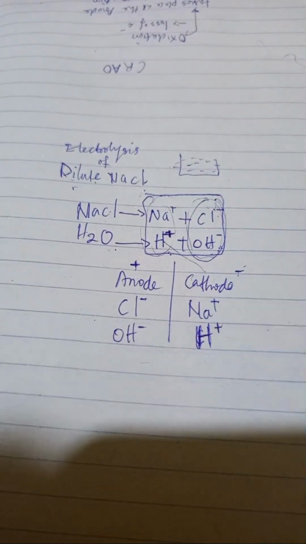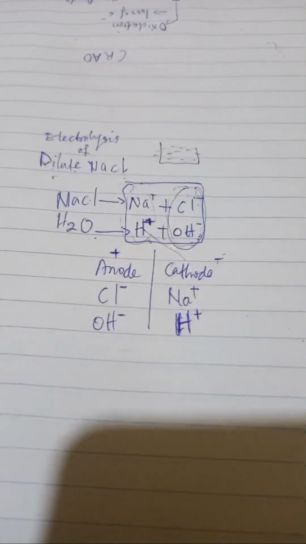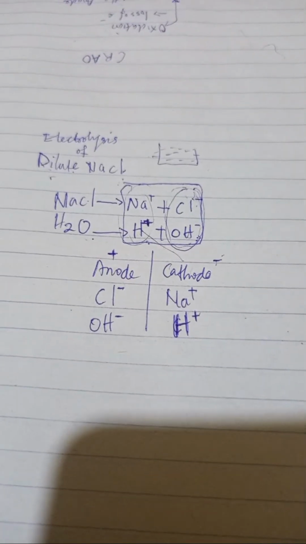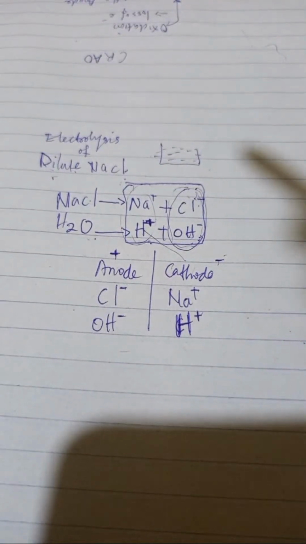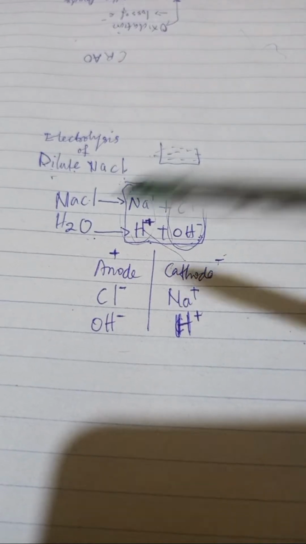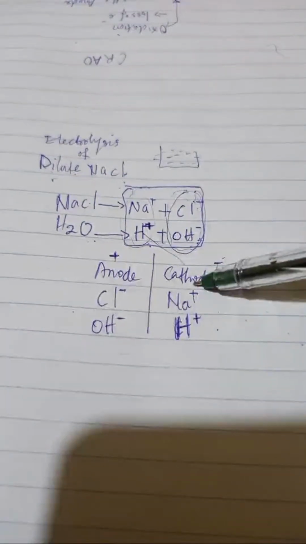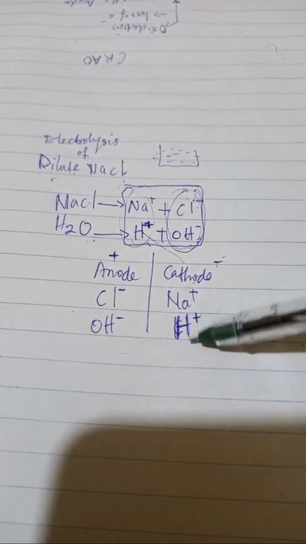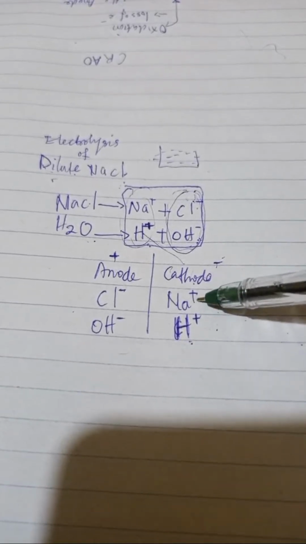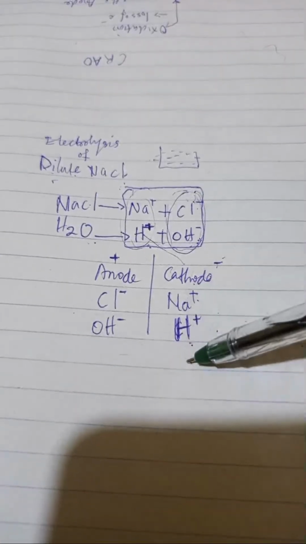Now, which one will be discharged? Which of them will be given off? You use the list I gave you not long ago, the electrochemical series. Let me do the cathode first. At the cathode, you have Na+ and H+. From the series I gave you, H+ is under Na. The one that is lower is the one that will be discharged.